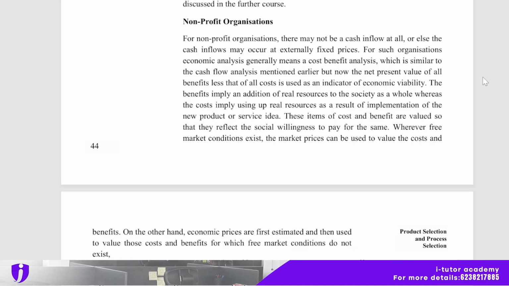For such organizations, economic analysis generally means a cost benefit analysis, which is similar to the cash flow analysis mentioned earlier, but now the net present value of all benefits less that of all costs is used as an indicator of economic viability. The benefits imply an addition of real resources to the society as a whole, whereas the costs imply using up real resources as a result of implementation of the new product or service idea.